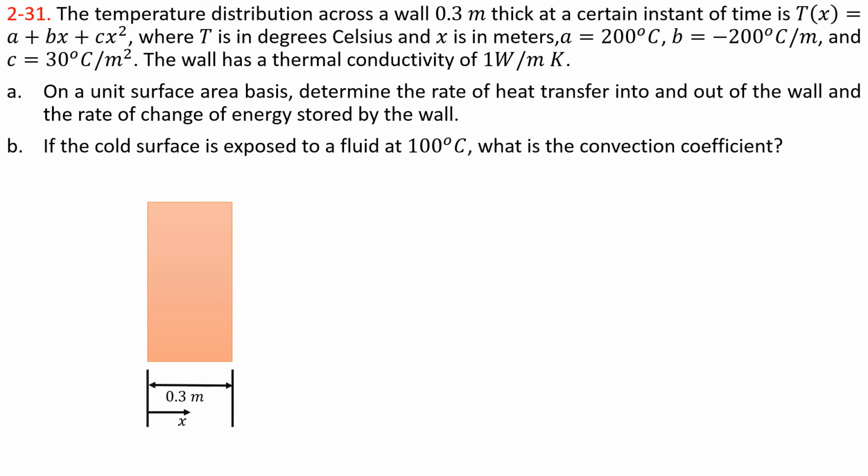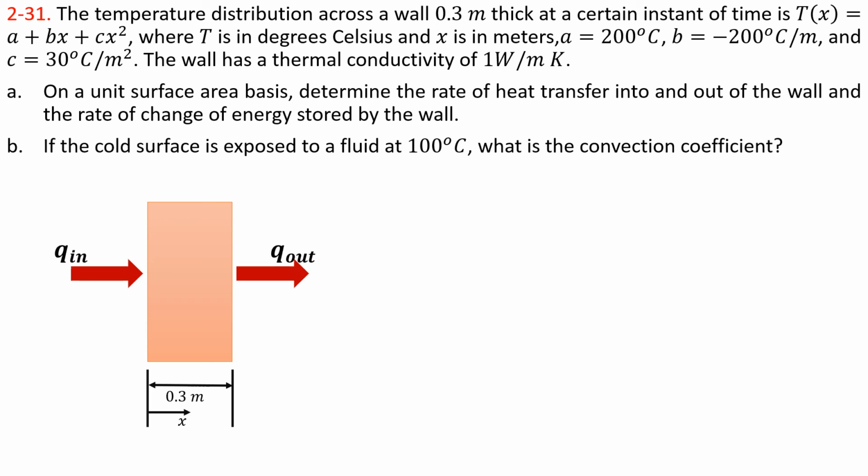The thickness of the wall is 0.3 meter. We have taken x positive in the right direction. Q is entering from the left side, and heat is taken out from the right side.